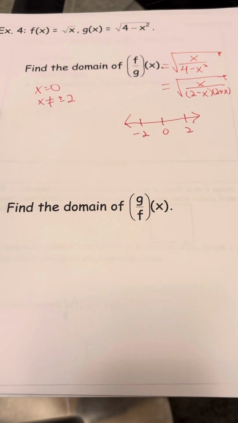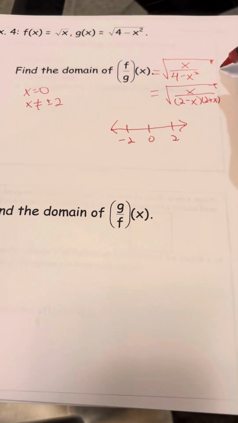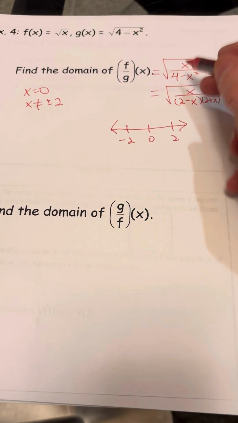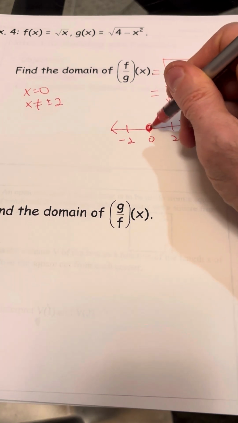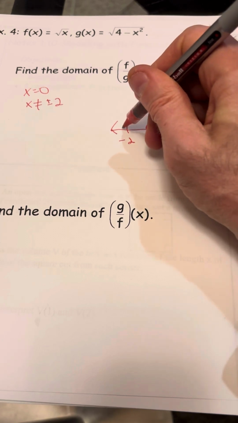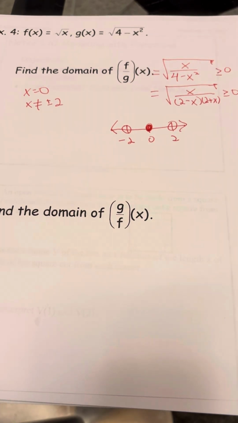Because we are working with a radical, we are looking for where the expression is greater than or equal to 0. So at 0, because it is in the numerator, we can use a filled in dot there, and at both positive and negative 2, our restrictions, we are going to need open dots.